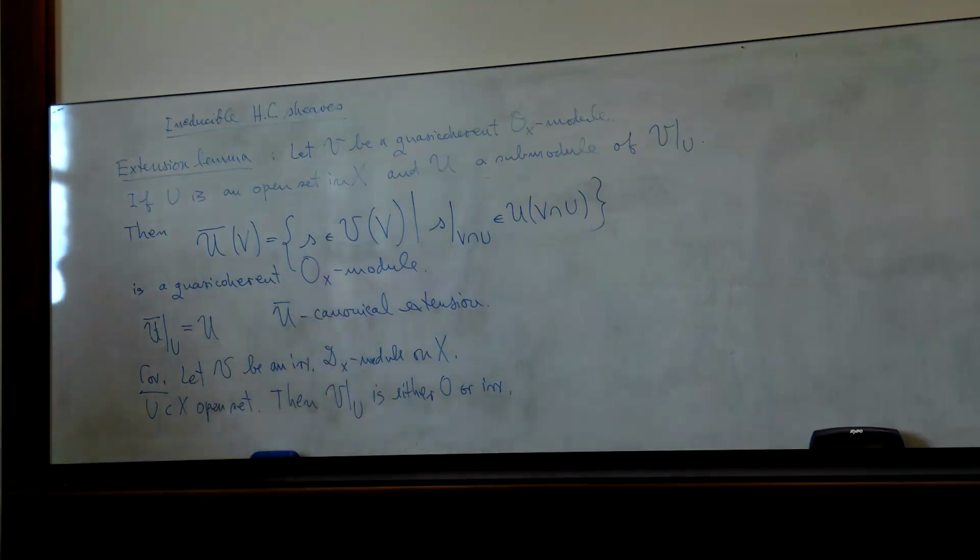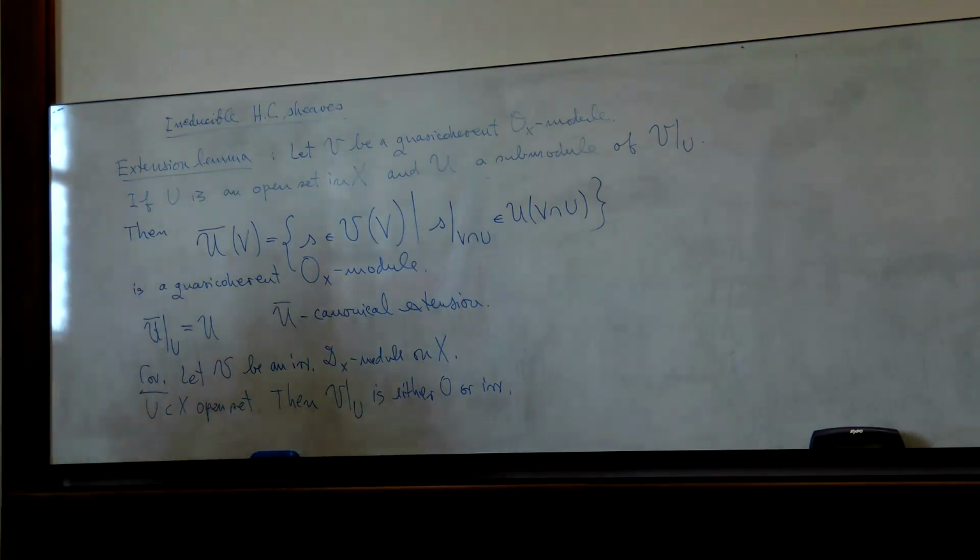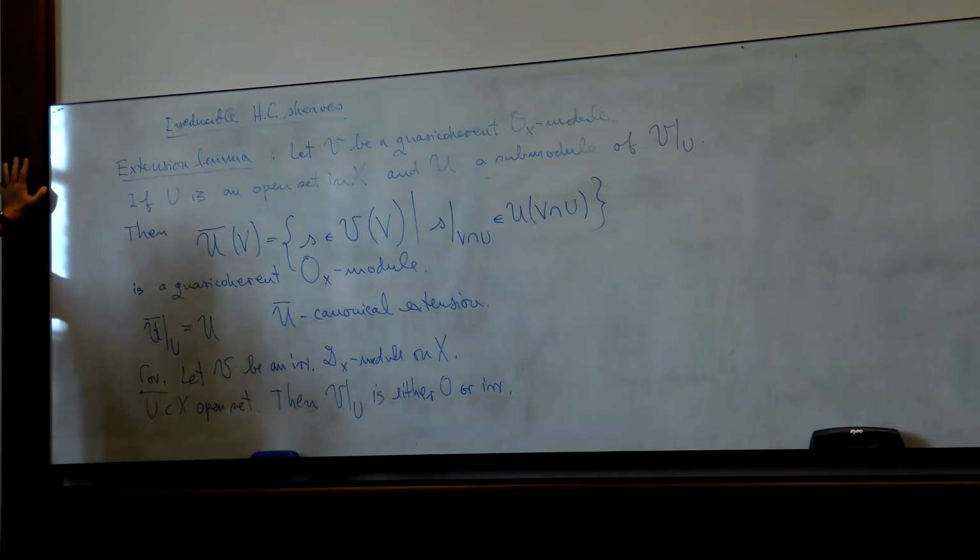So this is, at first glance, crazy, but this makes everything work. By irreducible, I mean irreducible in the category of quasi-coherent D_X modules. So I take an open set U, I restrict, and let's assume that V restricted to U is not irreducible.